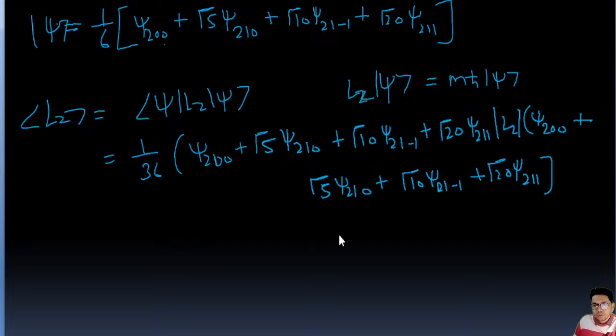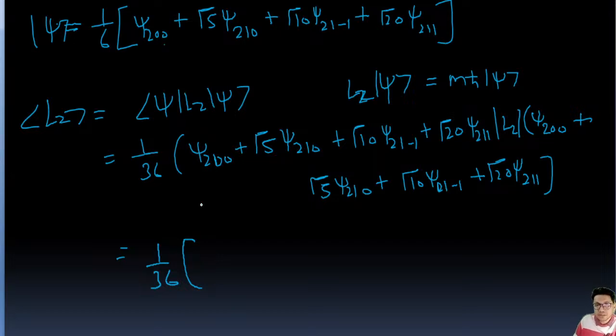Now if we operate Lz, for this it is going to be m h cut, and m is 0 here. So this value, if we solve it, is going to be 1 upon 36. Very simple, I have solved many similar questions.